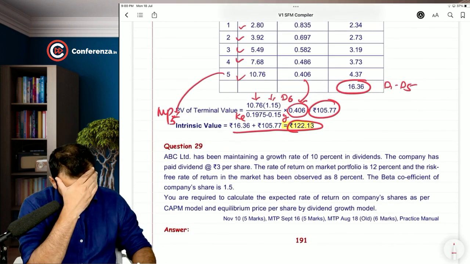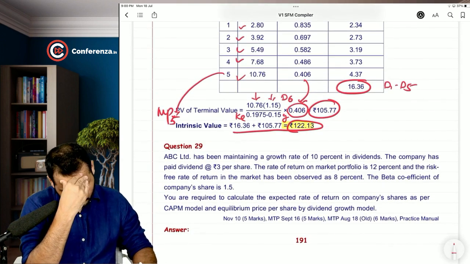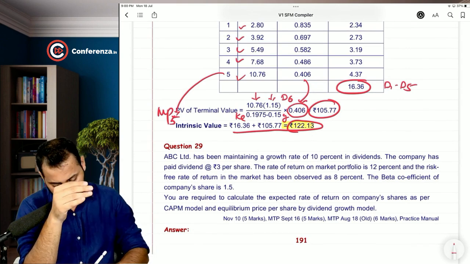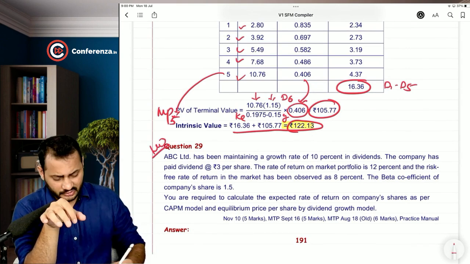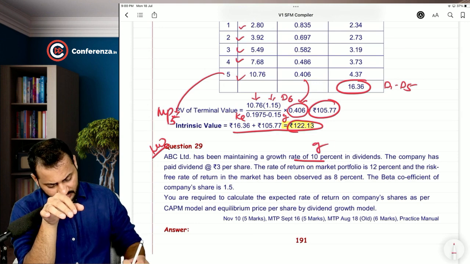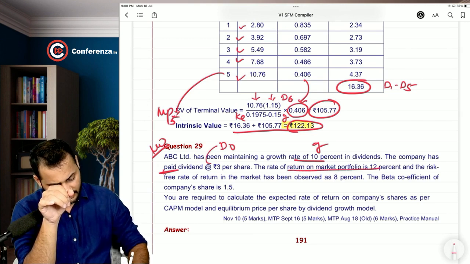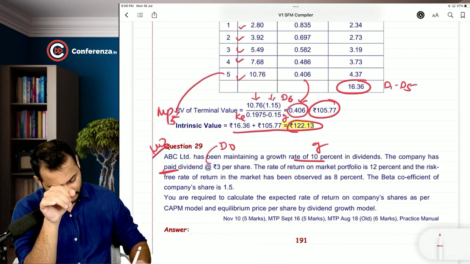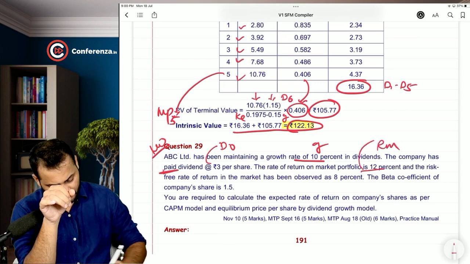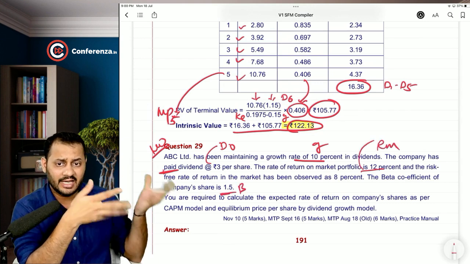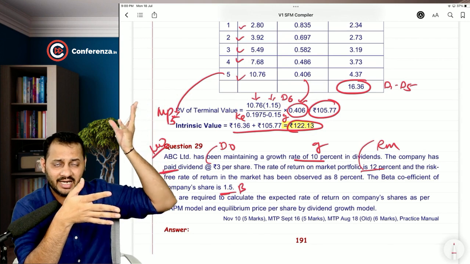Okay, come to this question. Take this as homework. Same to same. See, growth rate of 10%. Paid a dividend, that means this is D0. Market portfolio return. Beta is already given. You don't have to even calculate beta. In the previous question, we had one extra working.